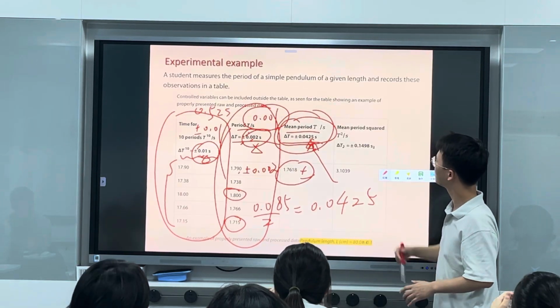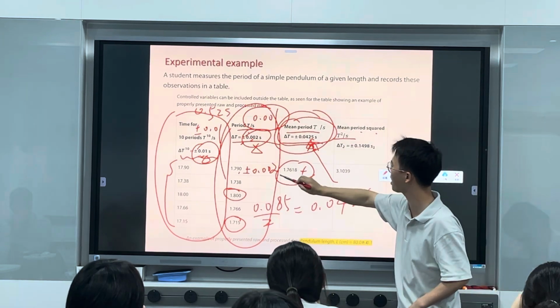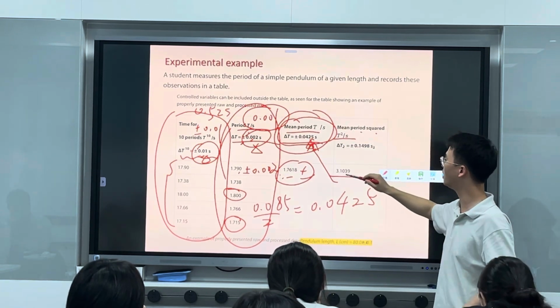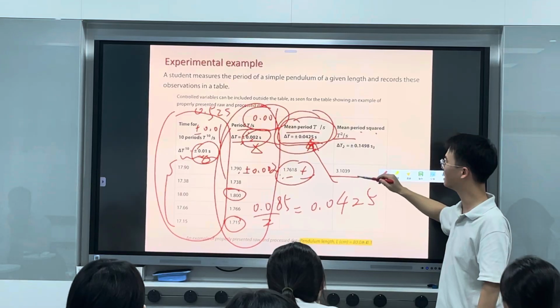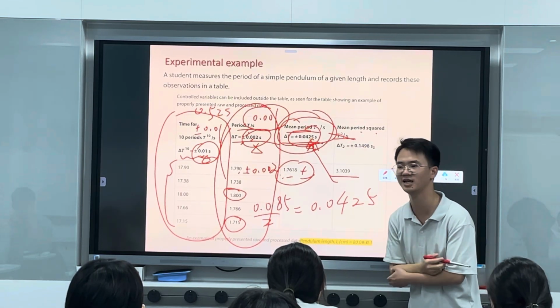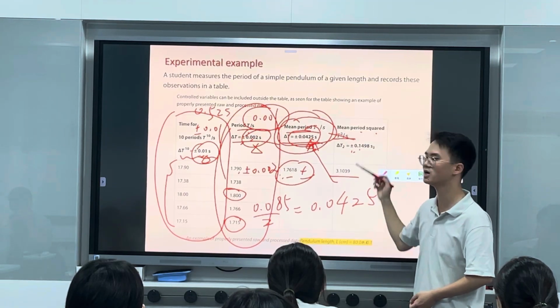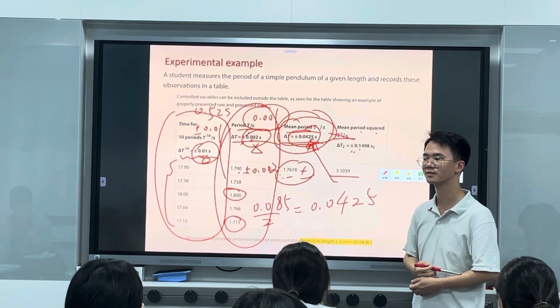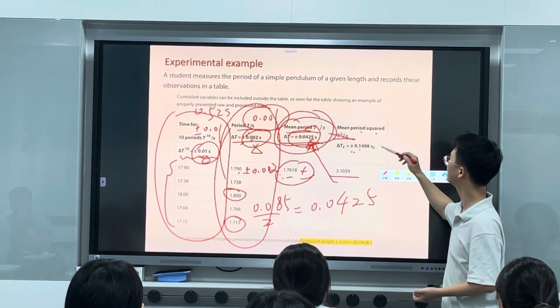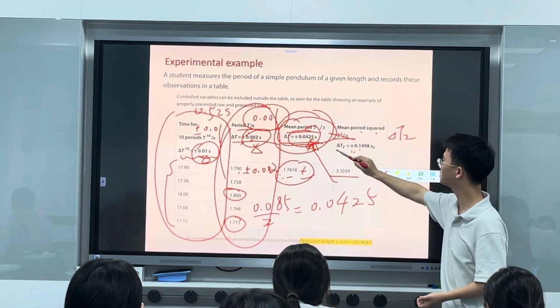And we care about mean period squared. So we need to square this value to get 3.1039. Then what do we do with the uncertainty here? Do we also square this uncertainty? What do we do to find this new uncertainty? So tell me, delta T squared, how do we calculate this?